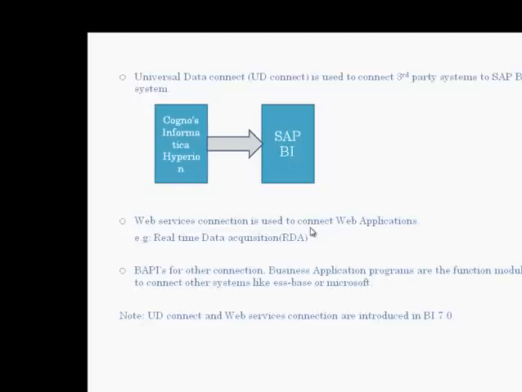That is not a part of the BW consultant. That is a part of the basis consultant. Basis consultants should configure the system, SAP to SAP system, and from other systems. Our part is to create a source system in the BI system and access the data, tables, etc. from the Oracle systems and Cognos, Informatica, like that.